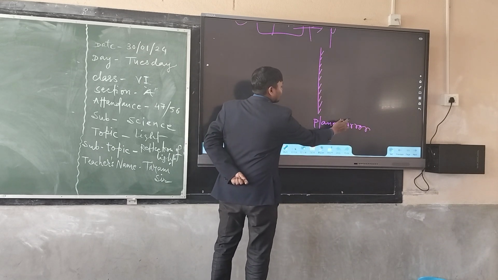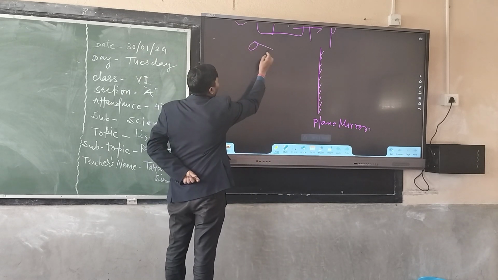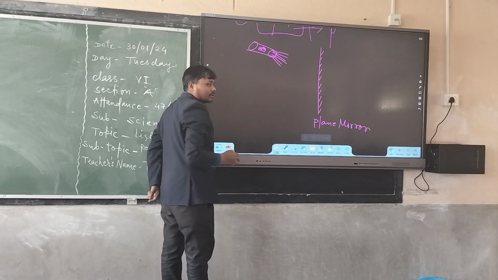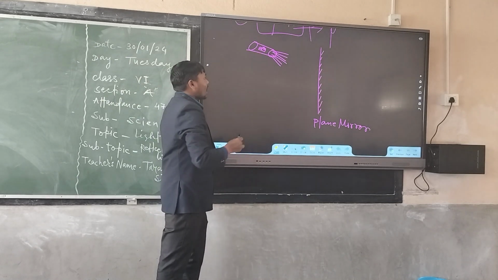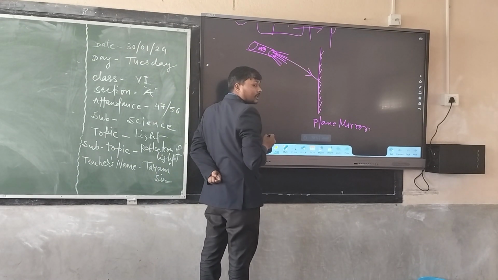Let us consider a plain mirror, and there will be some source of light. Let us consider there is a torch, and the switch is on. Then a beam of light will come out of it, out of which one ray comes towards the mirror.